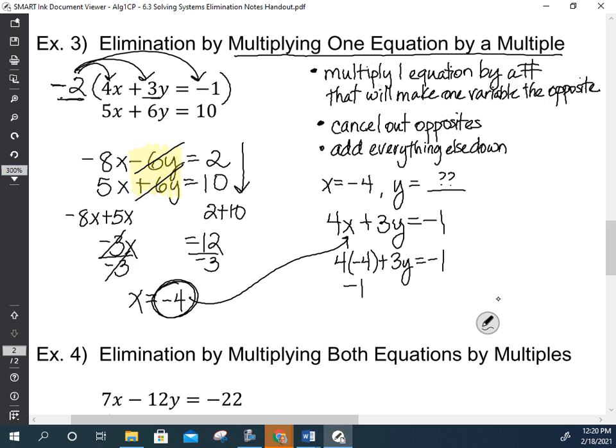4 times negative 4 is negative 16. Add 16 to both sides. Bring y equals 15. Divide by 3. Y equals 5. So y is equal to 5.